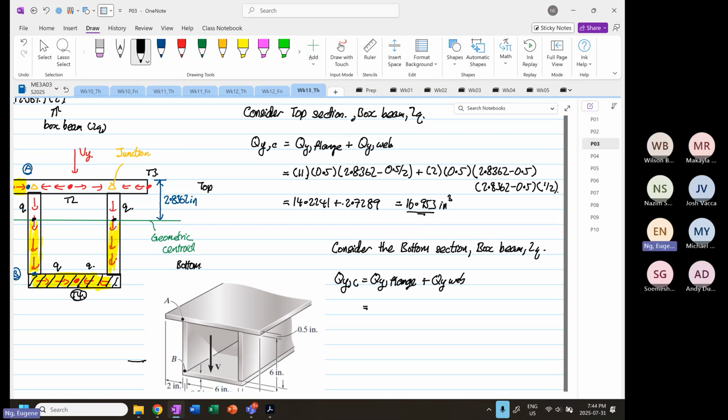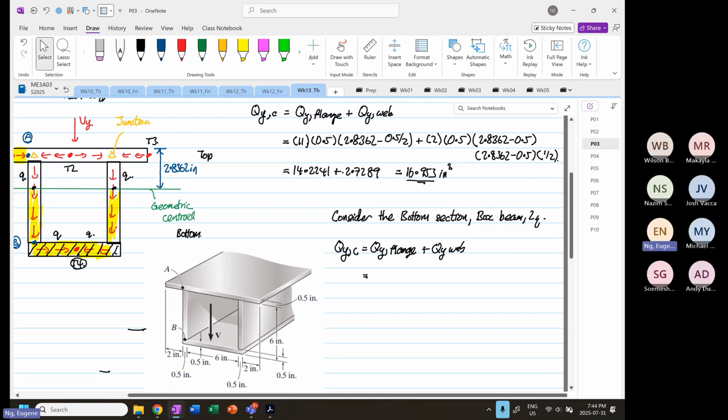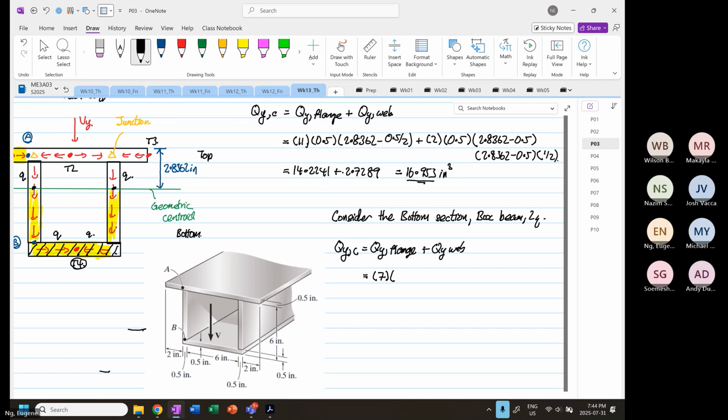So this is equal to the width is 7, the depth is 0.5. And then it is 6 plus 0.5 minus 2.8362, and then minus 0.5, divided by 2.